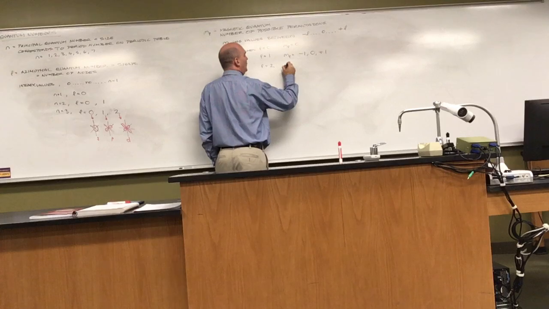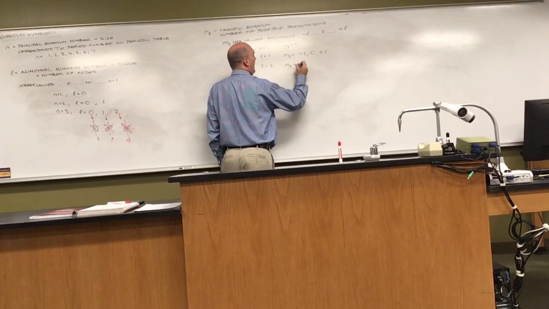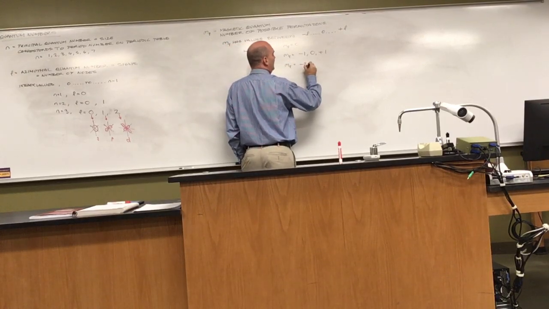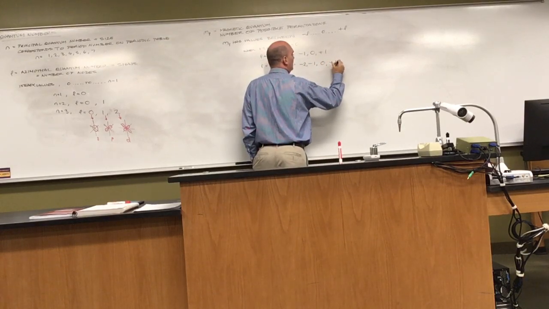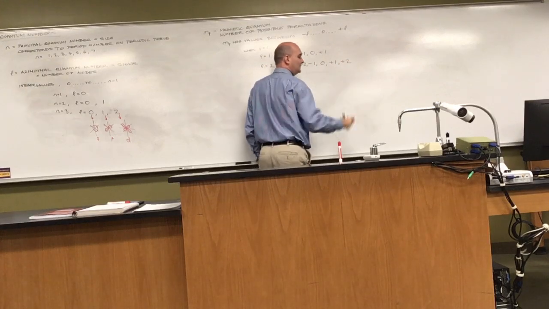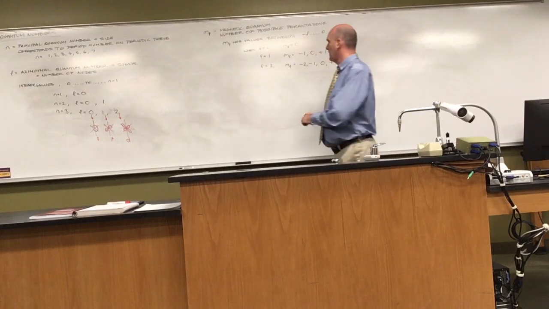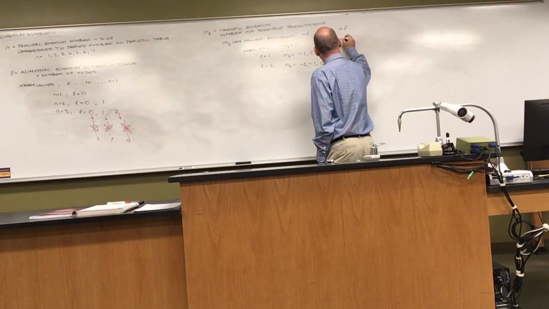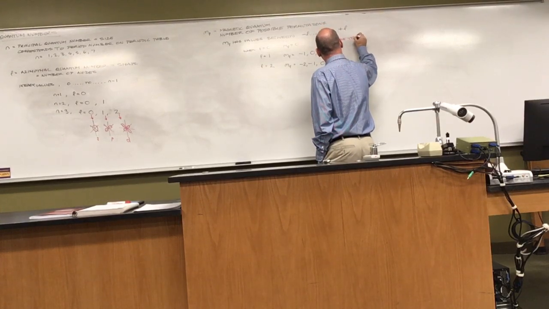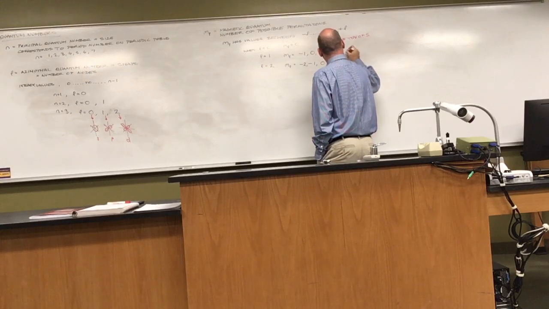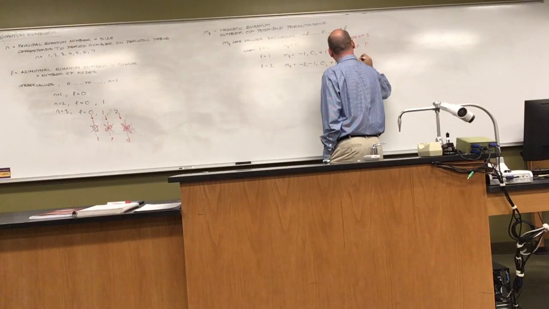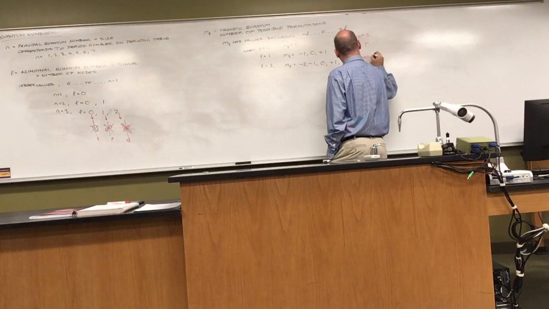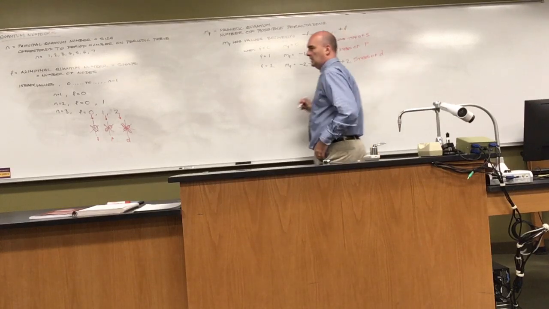And when L is 2, ML is -2, -1, 0, +1, and +2. It gives me one type of s, it gives me 3 types of p, and it gives me 5 types of d.